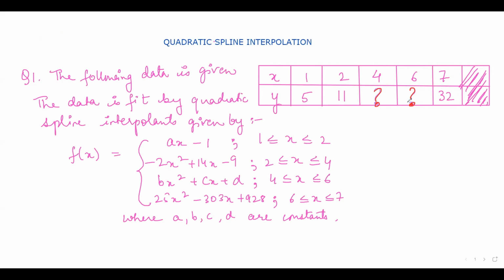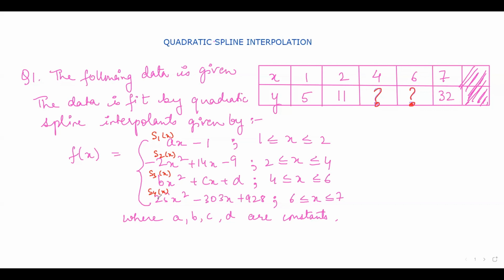We know that for the quadratic spline interpolation, by the definition, each spline passes through its points. This is my S1(x), this is my S2(x), this is my S3(x), and this is my S4(x).